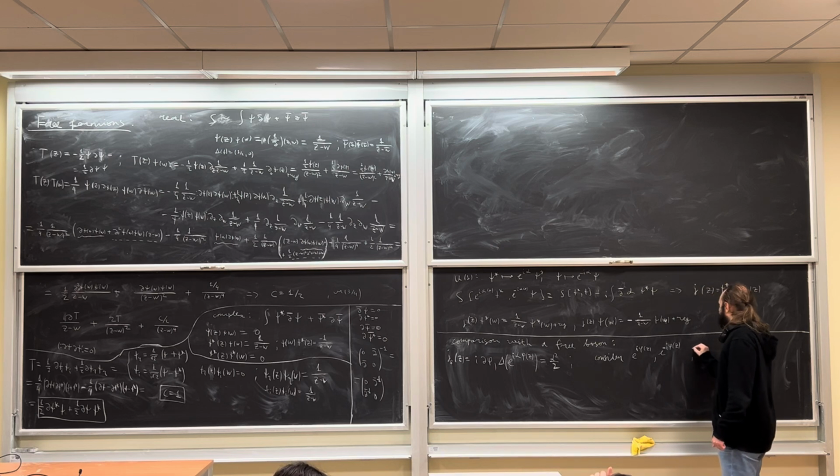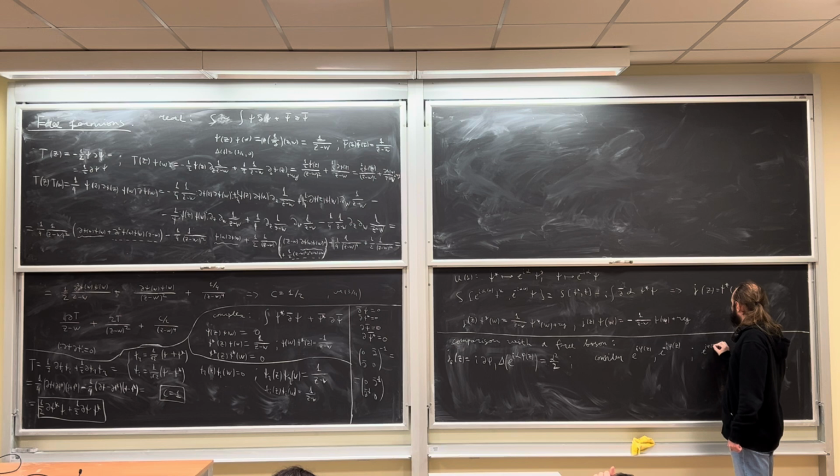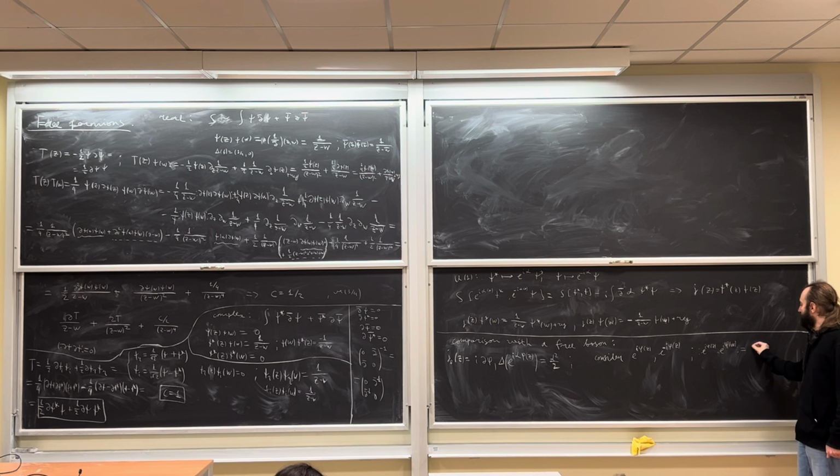What is the OPE of e to I phi of z with e to I phi of w? They're normally ordered. It is z minus w times e to I (phi of z plus phi of w).